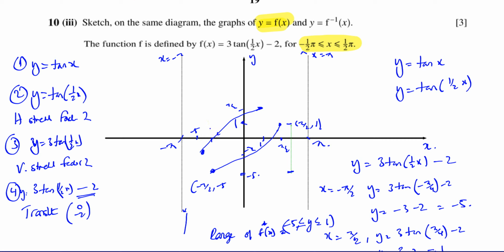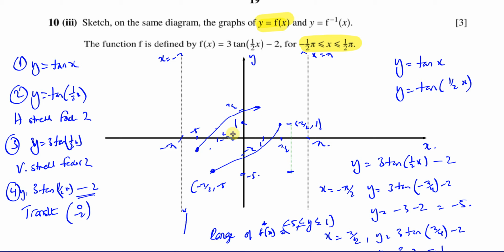So I'm going to move that slightly across, so that it doesn't look like it's passing through that point. It's a bit difficult actually to draw this properly. All right, so something like this.